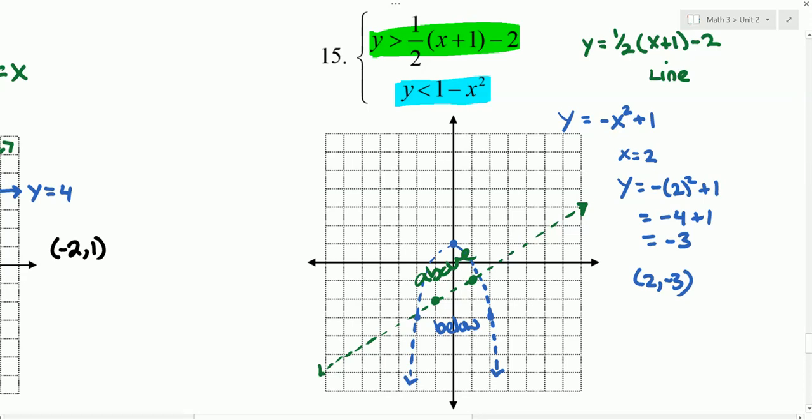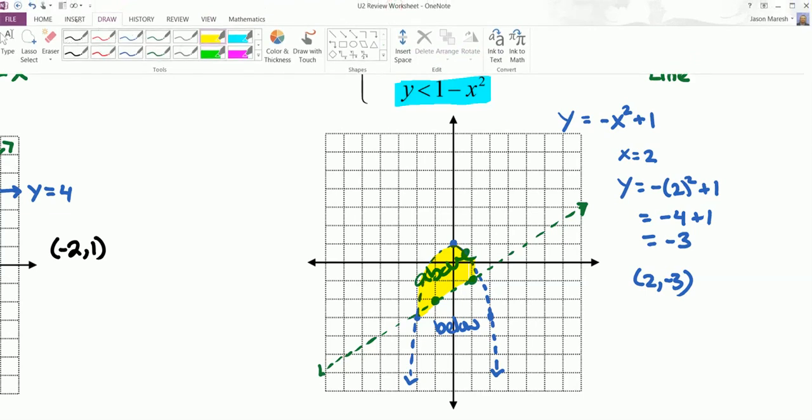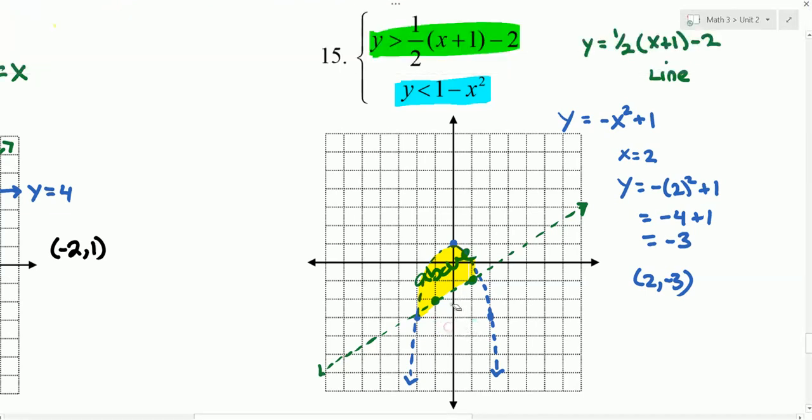So we want to be above the green line, but inside or below the parabola. And so let me shade where that is. So this area here meets our criteria because it's above the green line but below or inside the parabola. So I'm going to erase the above and below here, so clean it up a little bit.